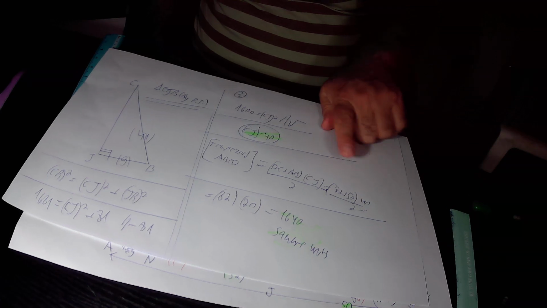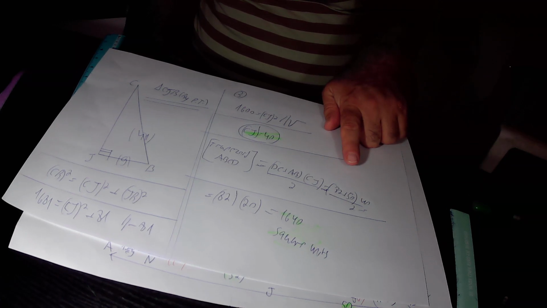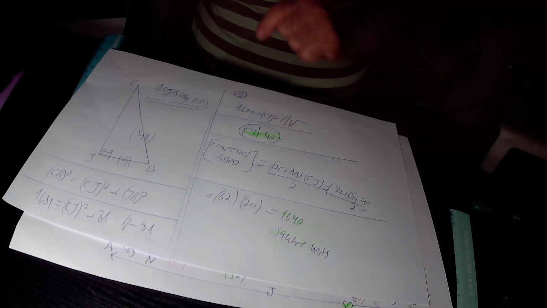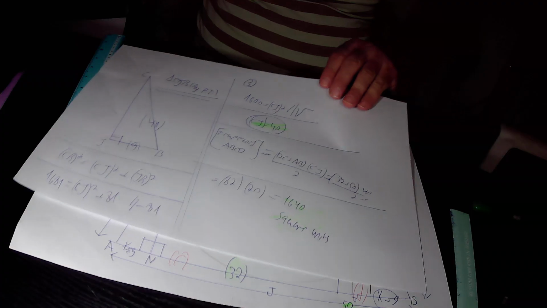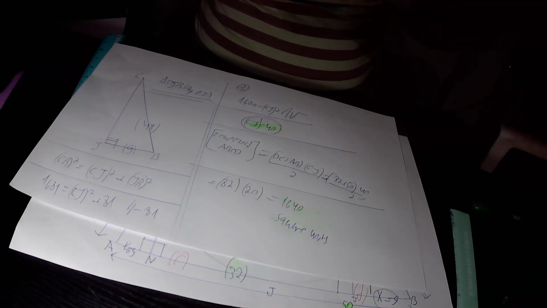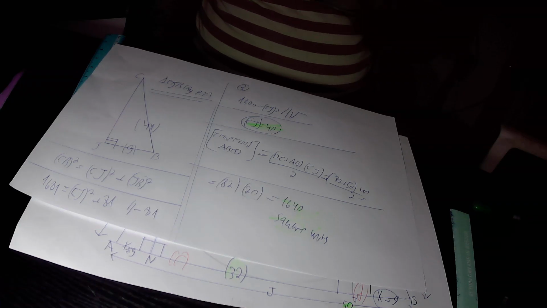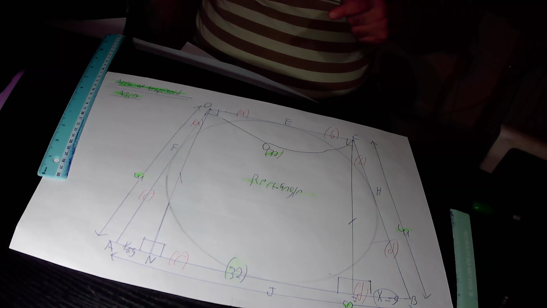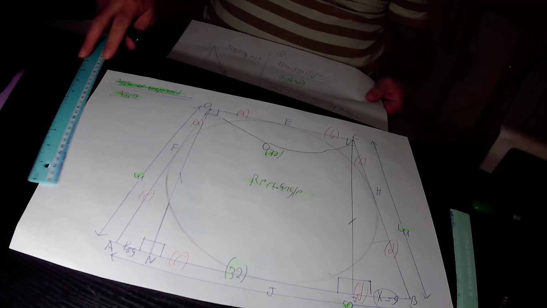DC is 32, AB is 50, and CJ is 40, divided by 2. 32 plus 50 is 82, and 40 over 2 is 20. So we found that the area of this trapezoid ABCD equals 82 times 20, that is 1640 square units in size. So we finished with the first question.